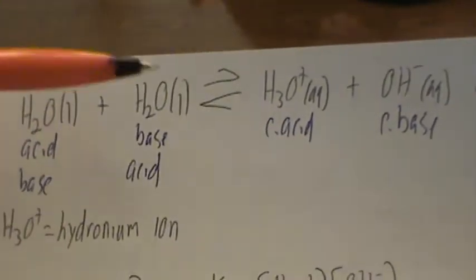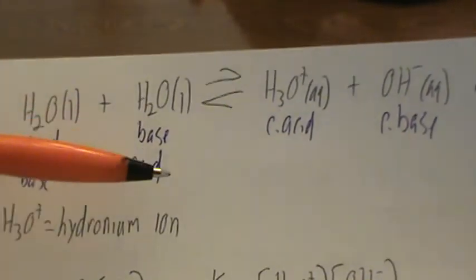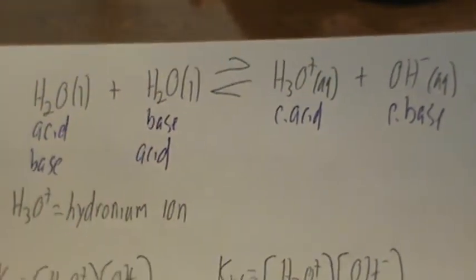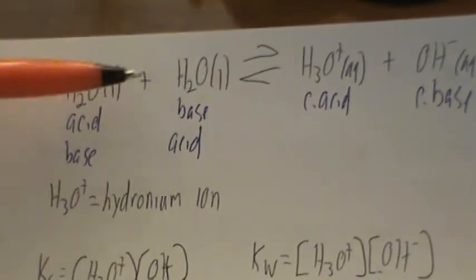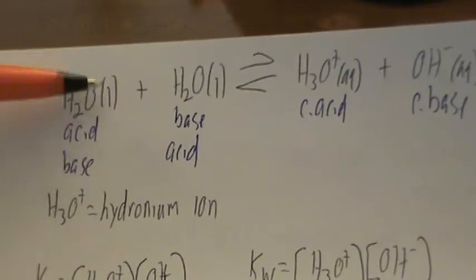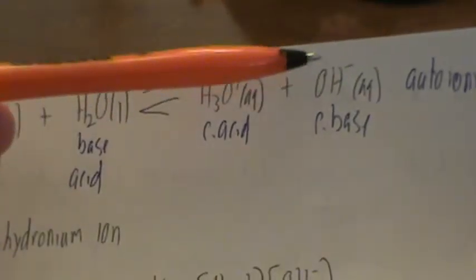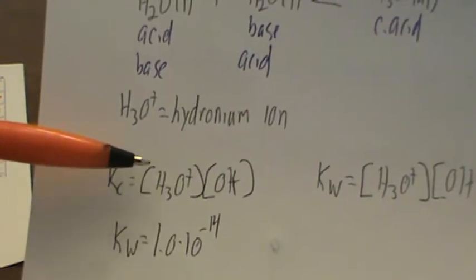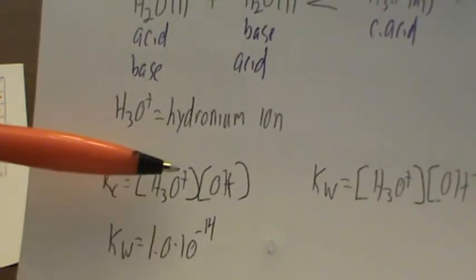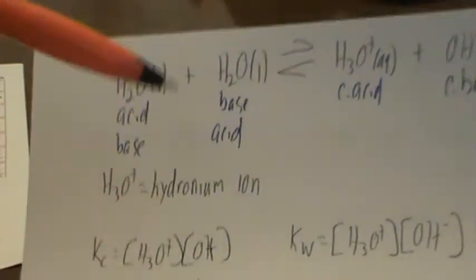Now, since our reaction is in equilibrium, if we wanted to find the equilibrium constant, products over reactants, and if we look, our reactants are both in liquid form, so we can't use them. Our products are both aqueous, so equilibrium constant, Kc, is equal to concentration of the hydronium ion times concentration of the hydroxide ion.